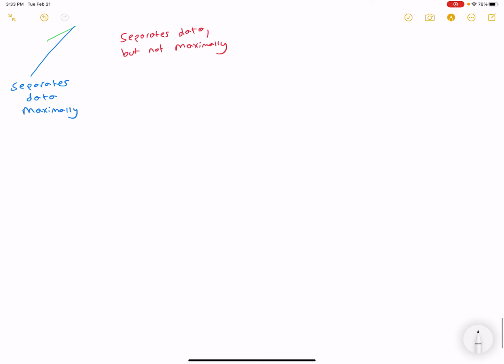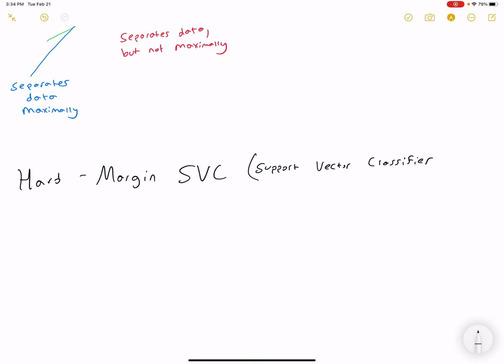So there's 2 general types of support vector classifiers. We're going to start with the hard margin SVC, which is, I think, what your homework asks about. So when we say SVC, that's support vector classifier, which is a building block to support vector machines.